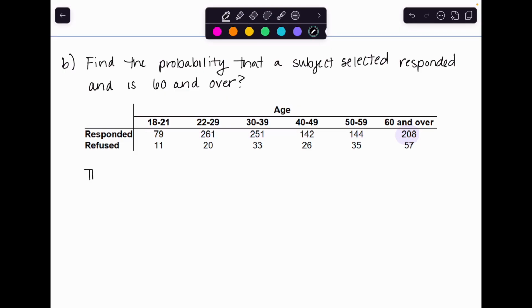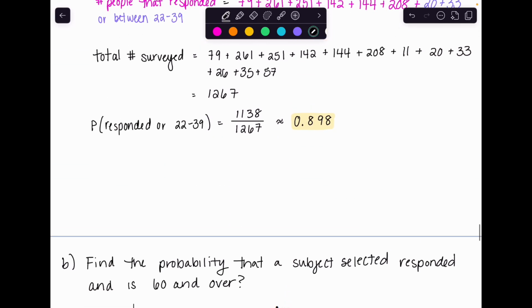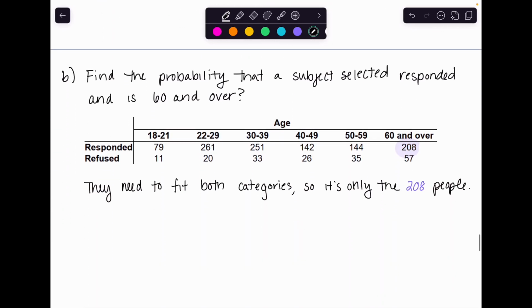So they need to fit both categories here. So it's only the 208 people. And I don't need to figure out my total. I already did that in part A. I know how many people were surveyed.